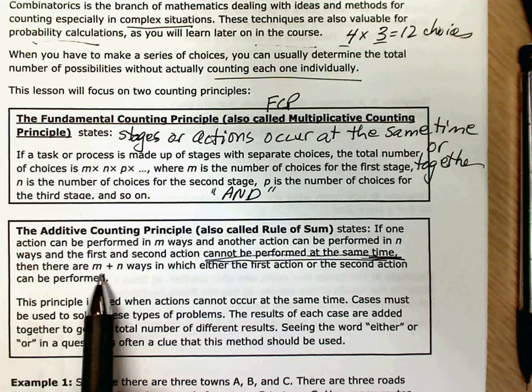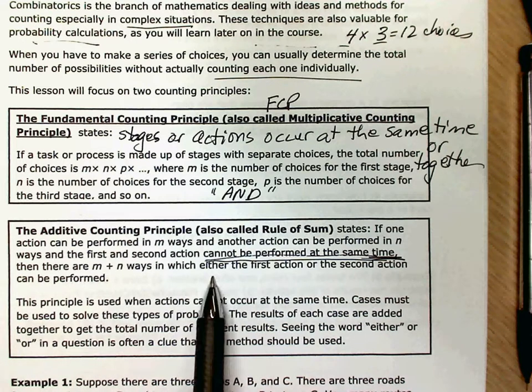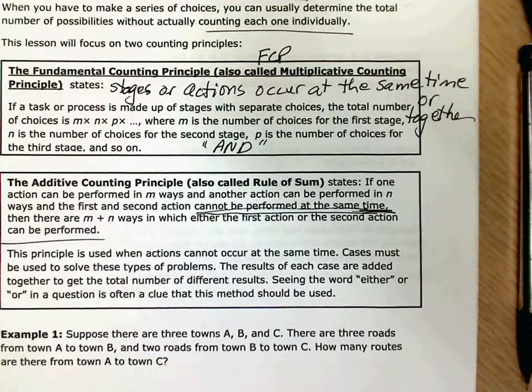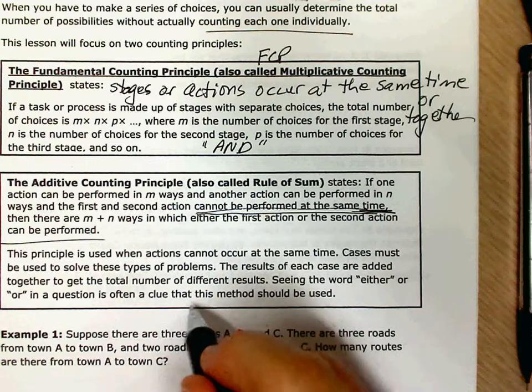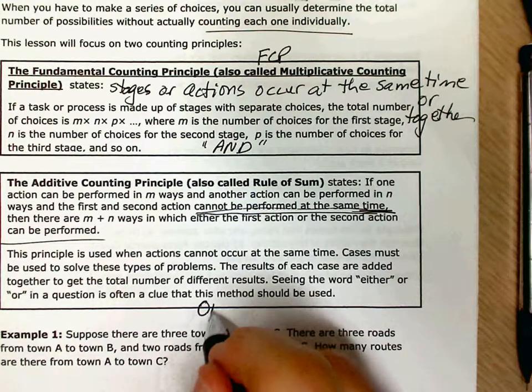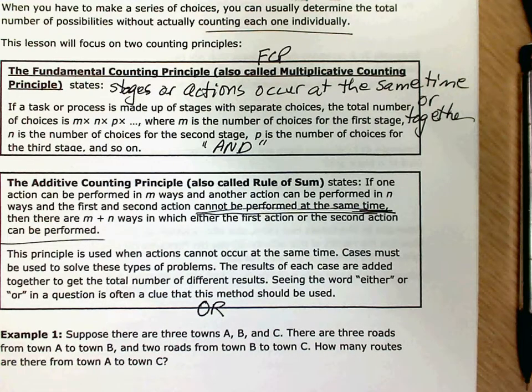Then there are m plus n ways in which either the first action or the second action can be performed. In this type of question, 98% of the time you'll see an "or." You either roll a 2 or a 3, right? There's only one way to roll a 2 and one way to roll a 3, and the total number of ways to roll a 2 or 3 is 2. Simple example, but we'll do lots of examples.